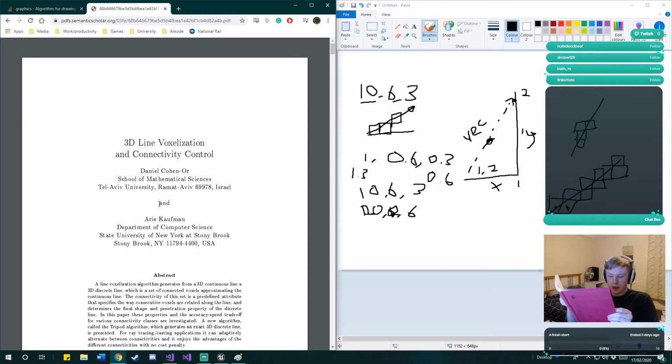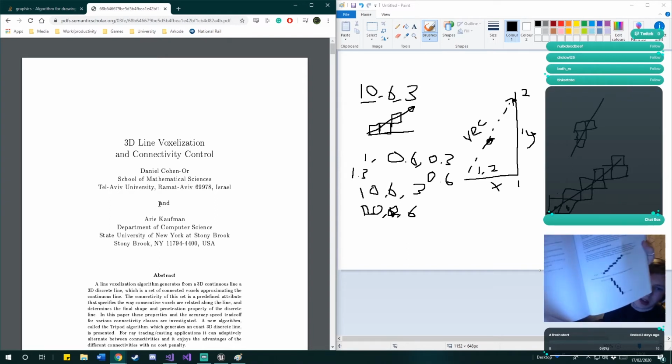I think I found it. So I think it's scan conversions. 73. Let's have a look. Well, I found the thing I didn't want, actually, which is the non-connected version.